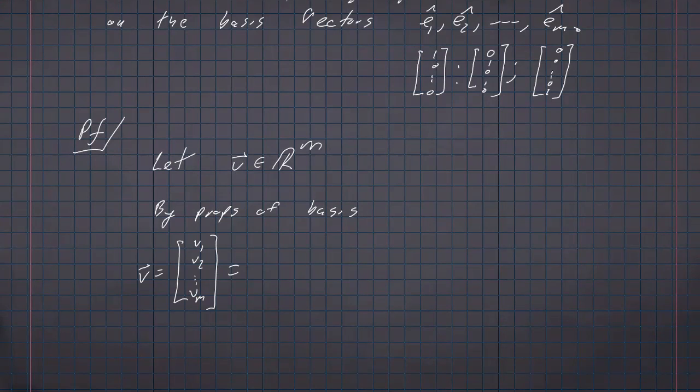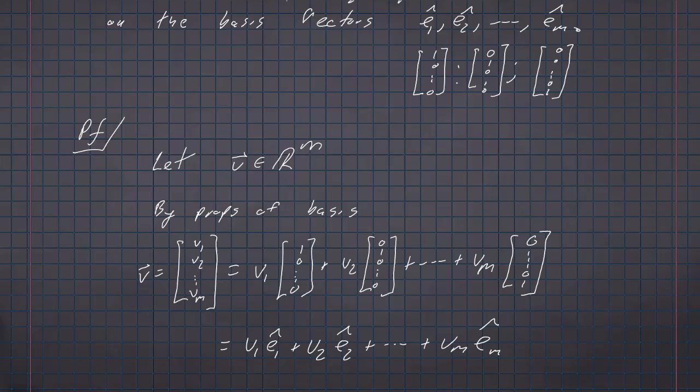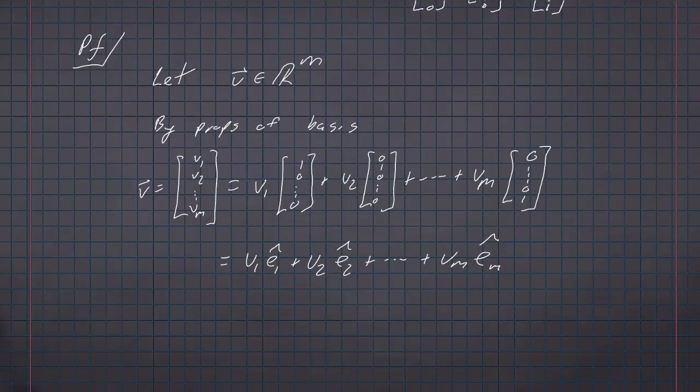And as we saw in our rules for basis vectors, we can expand this out and multiply each of those components by the corresponding basis vector, where each of these vk is just a real scalar.